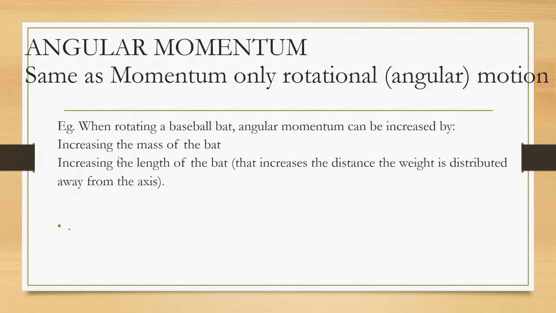You can also increase the length of the bat. If the bat is longer, that increases the distance the weight is distributed. So basically, the end of the bat is going to be traveling faster because its range of motion is going to be more. So again, if it's traveling faster, same as regular momentum, it's going to have more momentum.